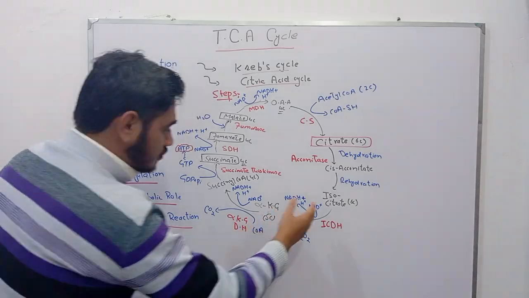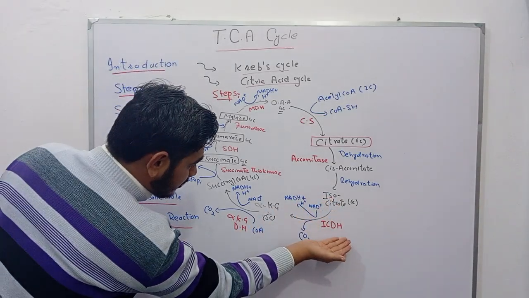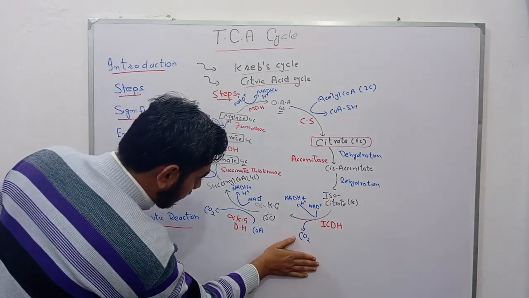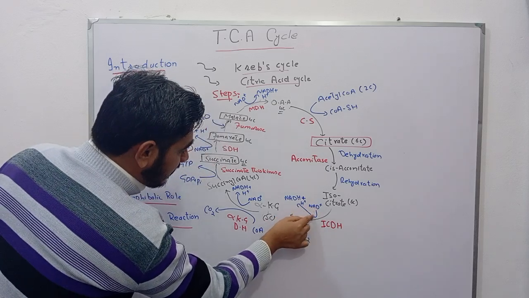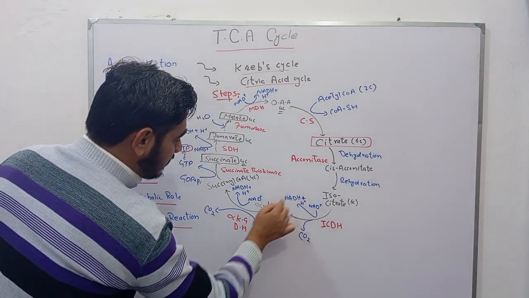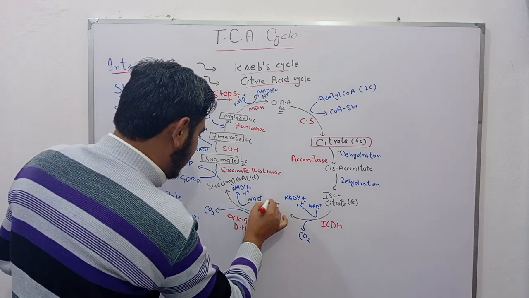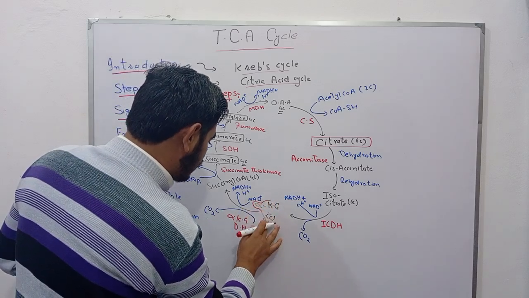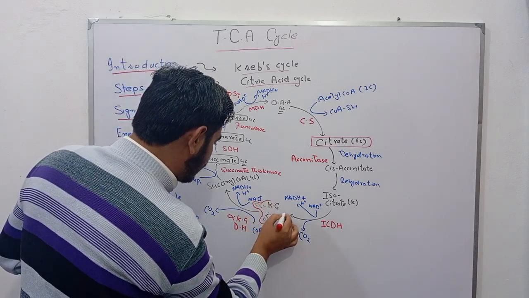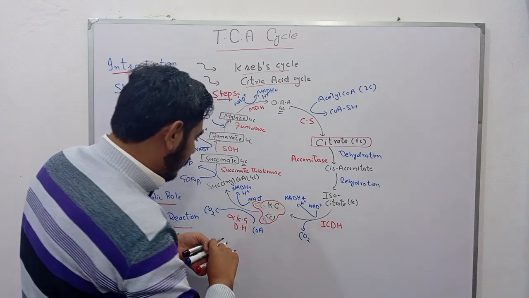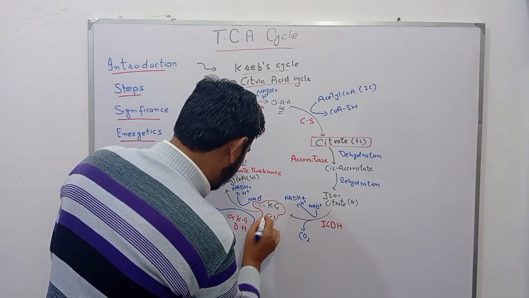In the next reaction, isocitrate, with the help of isocitrate dehydrogenase enzyme, loses carbon dioxide, and NAD plus converts into NADH and H plus, and there is a formation of alpha ketoglutarate, which is a 5 carbon atom containing compound.